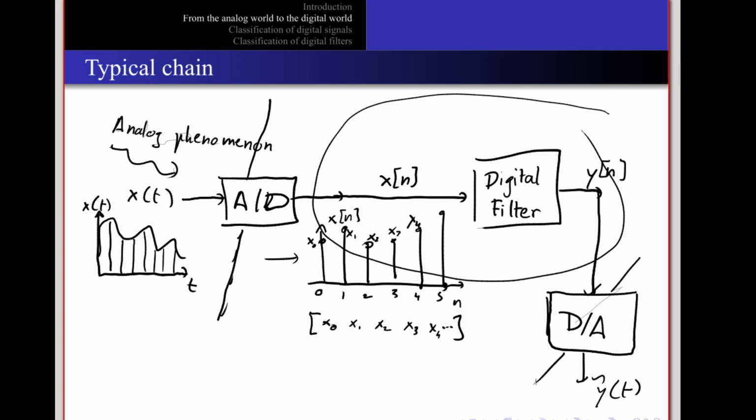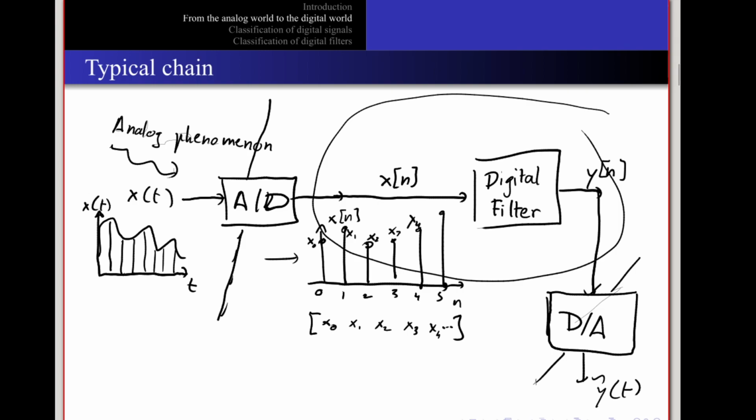In this video I'm voluntarily not talking about what's happening in sampling, or whether the input signal, the continuous time signal, verifies the Nyquist condition. But obviously this is something that is important.